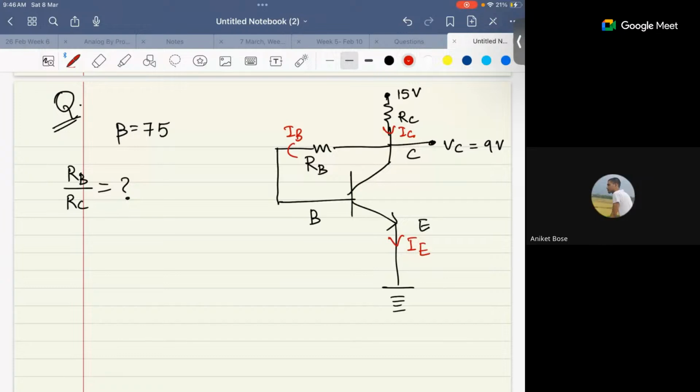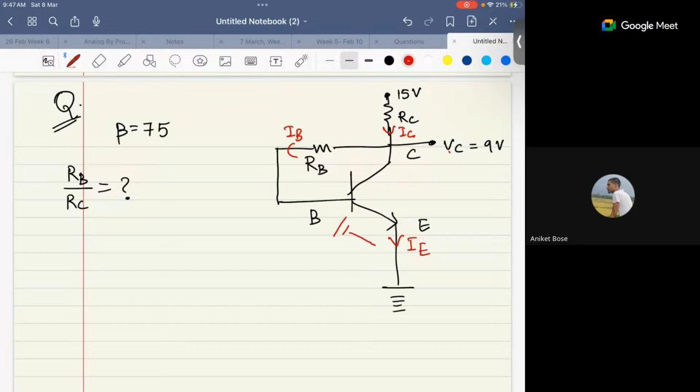Sir, because VBE is known, can we use a voltage source instead of the terminal? VBE is 0.7, so we can replace that with a 0.7 voltage source.